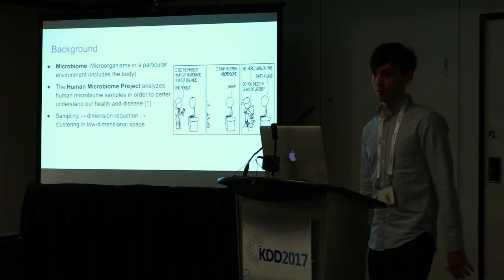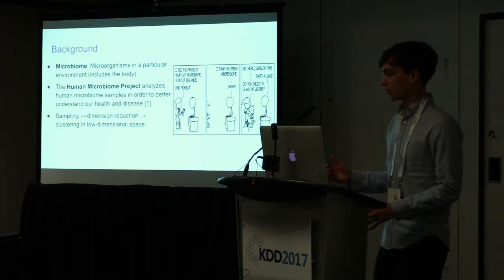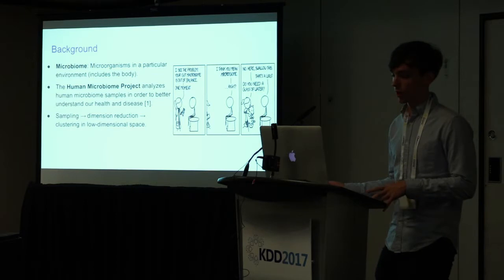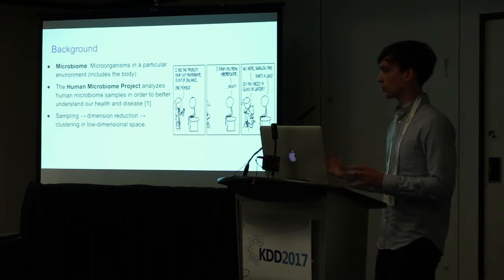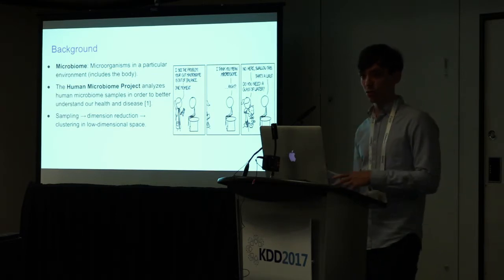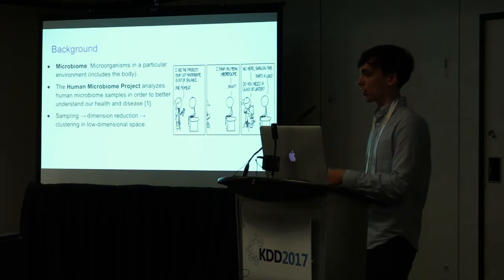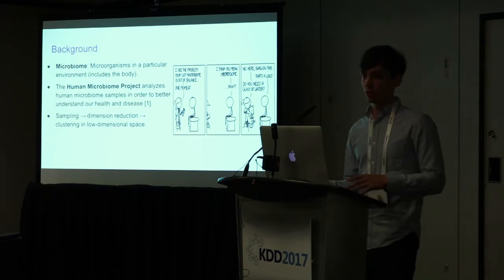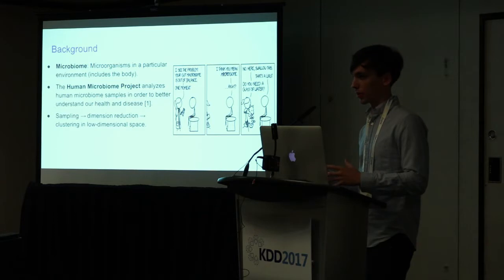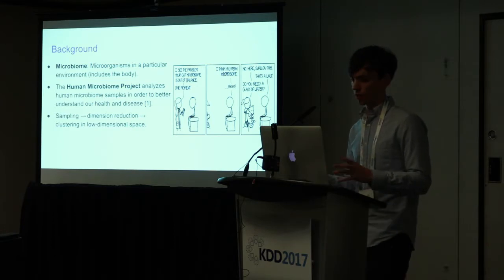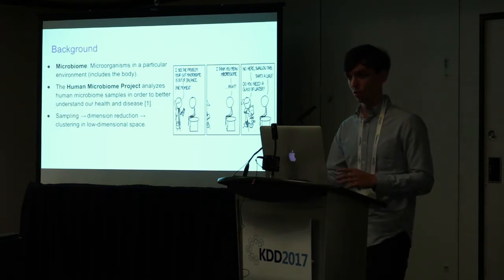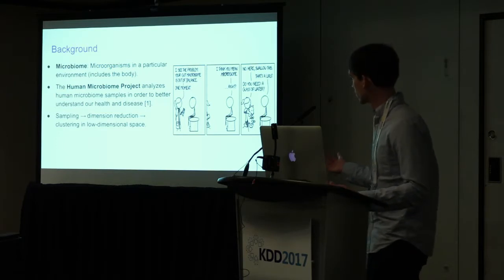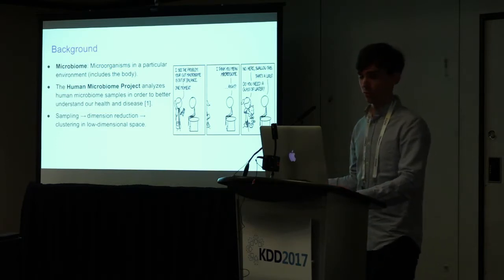Normally, microbiome analysis is done by taking samples of a microbiome from a person, using some protocol to make high-dimensional vectors, projecting this down into low-dimensional space, and then running a clustering algorithm so you get a better understanding of how these microbiomes are clustered and how to understand the bacterial samples.